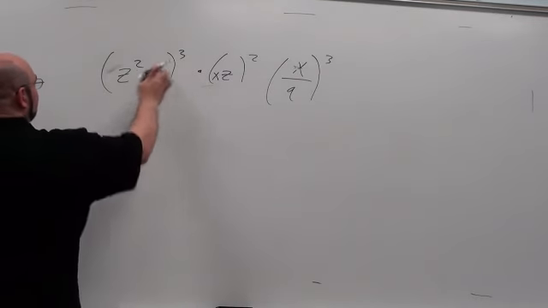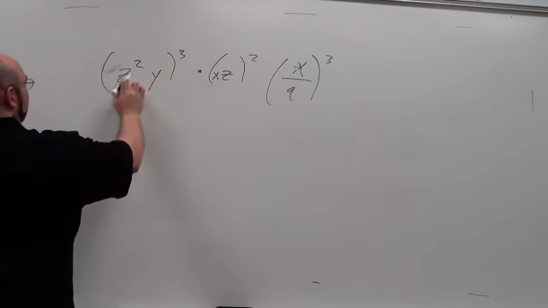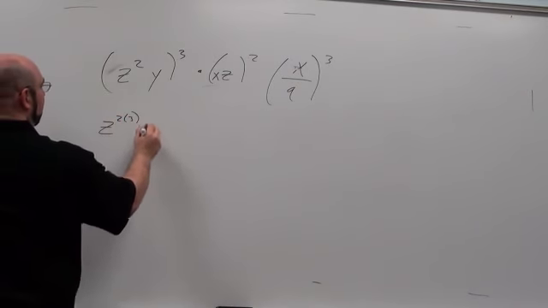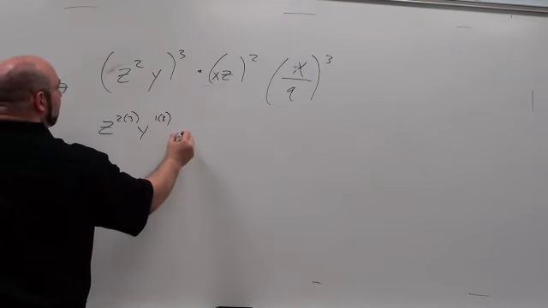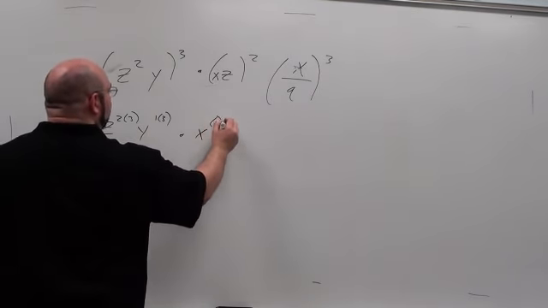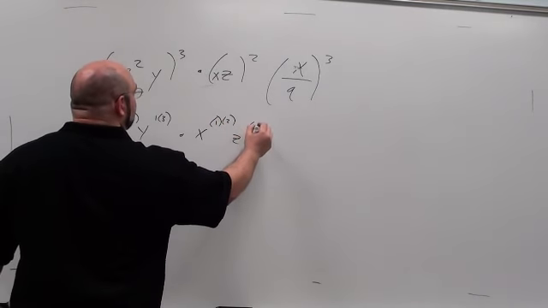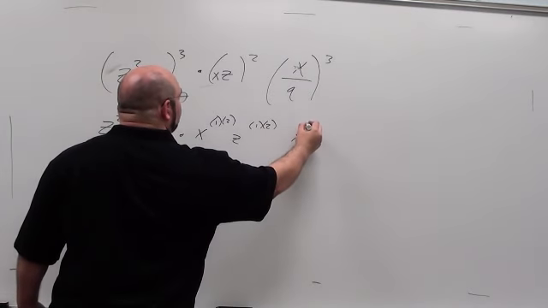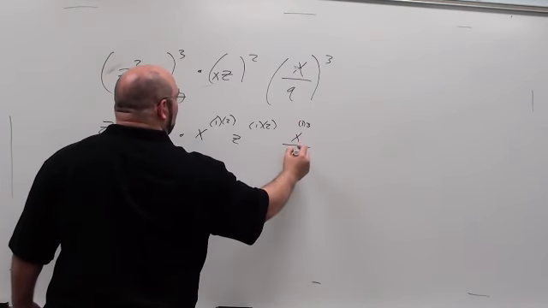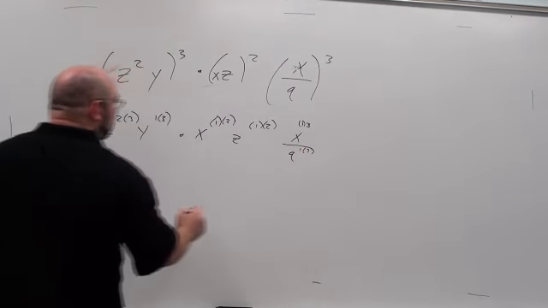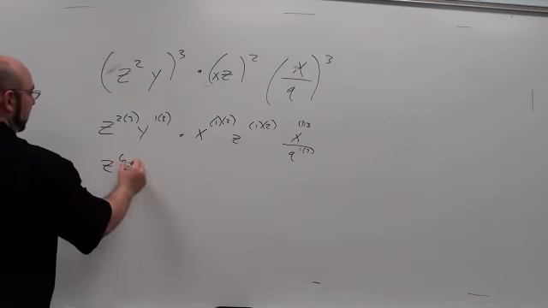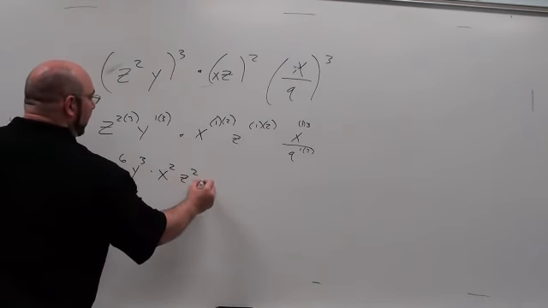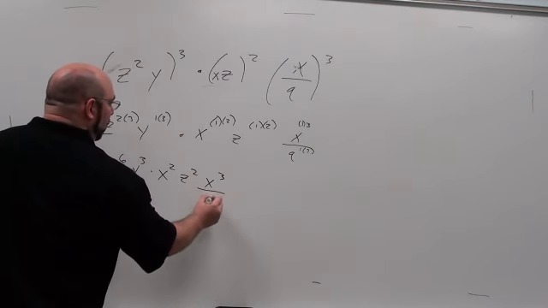So I know that my 3 is going to distribute over to both of these, so this is going to become z to the 2 times 3, y to the 1 times 3, times x to the 1 times 2, z to the 1 times 2, x to the 1 times 3 over q to the 1 times 3. So from here I got z to the 6, y cubed, times x squared, z squared, x cubed over q cubed.